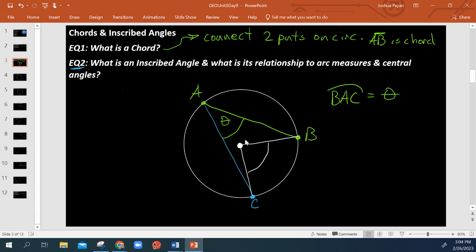If I call this something else, let's say point D is right there, so BDC, then angle BDC is equal to 2 times theta.